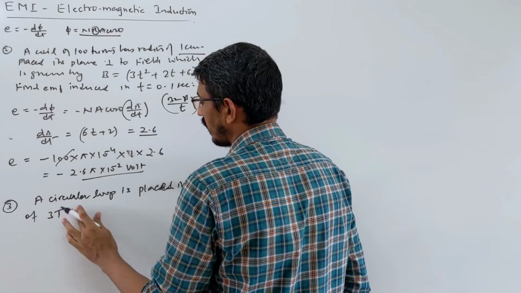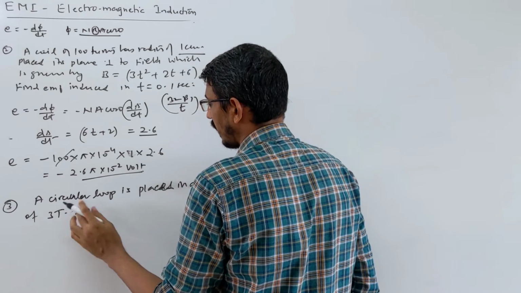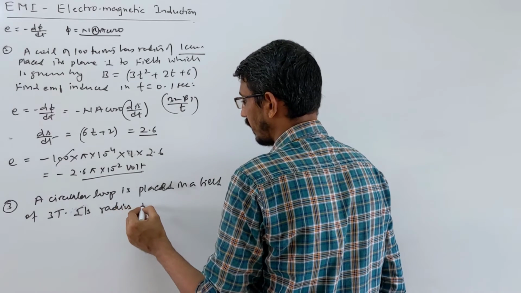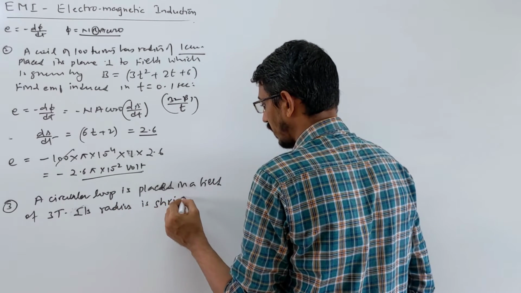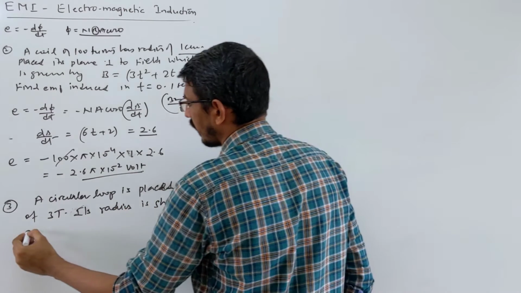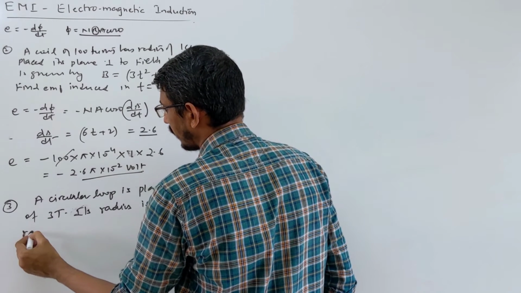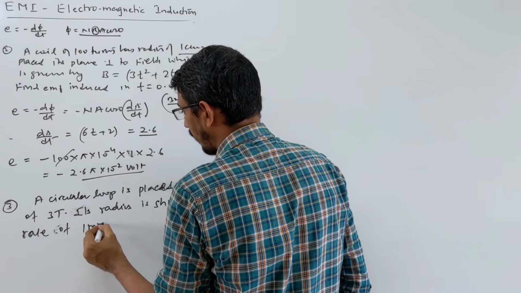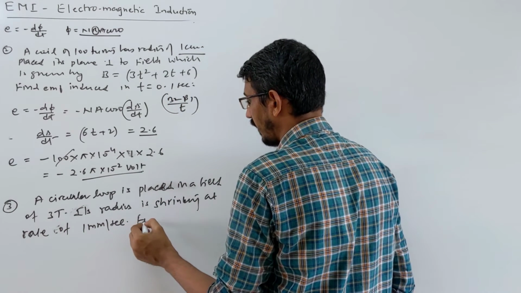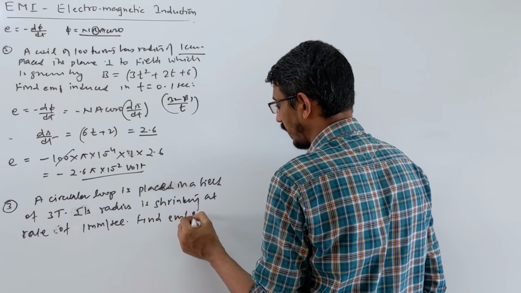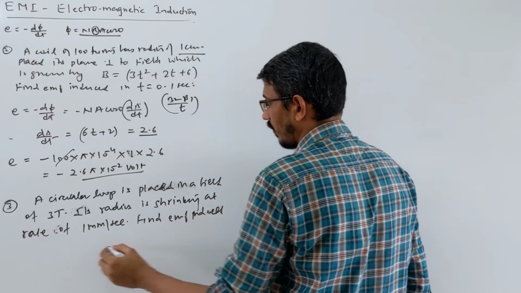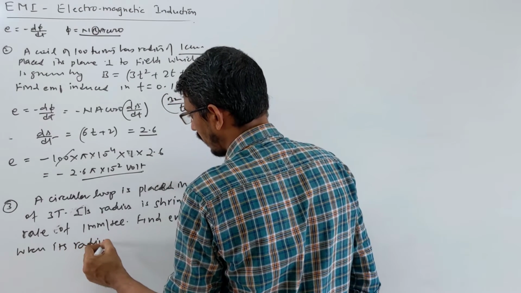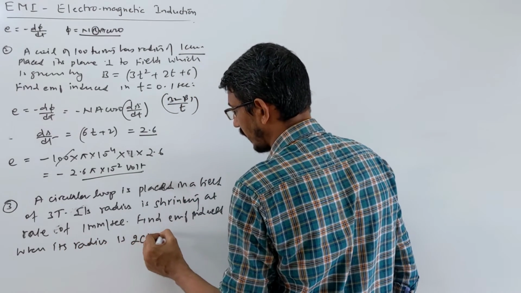Its radius is shrinking at a rate of, let's say, 1 mm per second. Find the EMF induced when its radius is 2 centimeters.